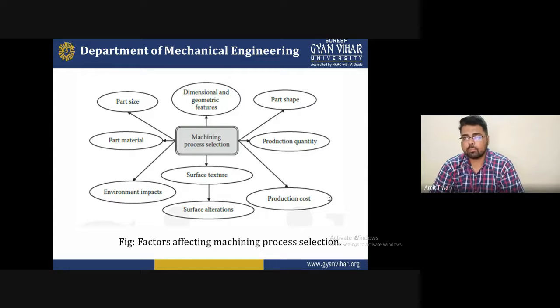The cost should be appropriate, and it is also beneficial for you by providing some profit, because if you do not earn a profit, you will not do any job. So whenever you are doing any machining operation, keep in mind all the factors which will help you in the metal selection process.